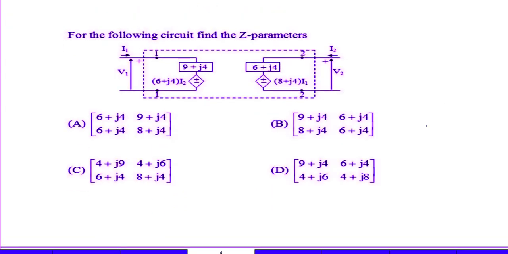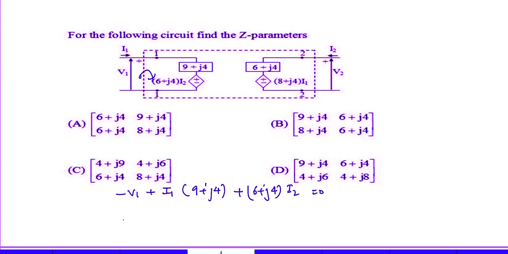Next question, find the following for the Z parameters. இந்த question, இந்த circuit பார்த்தோன்னா panic ஆக தேவையில்லை, ஒண்ணுமே இல்லை. Simple, நீங்க loop apply பண்ணுங்க. Minus V1 into I1 plus (9 plus j4 plus 6 plus j4) into I2 equal to 0.